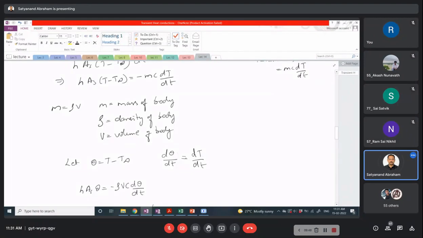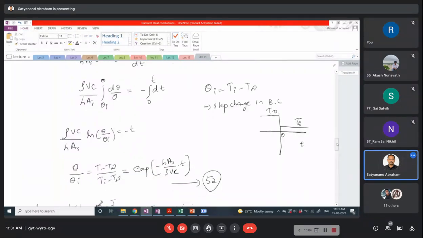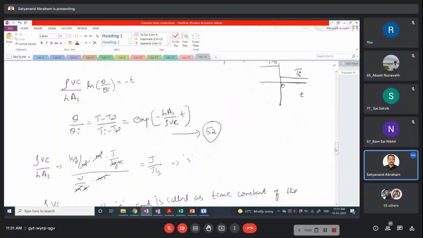So we get d theta by dt, and putting it into our basic equation, we get h A_s theta equal to rho V c d theta by dt. We rearranged it and integrated, and got the final equation, where theta is equal to T minus T infinity, and theta i is equal to Ti minus T infinity.